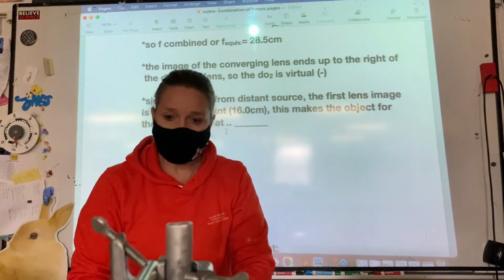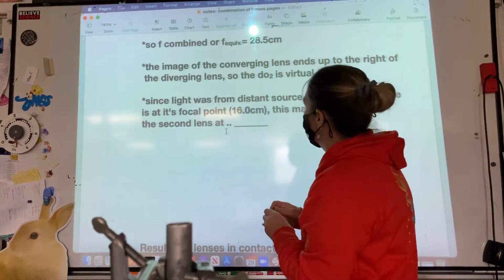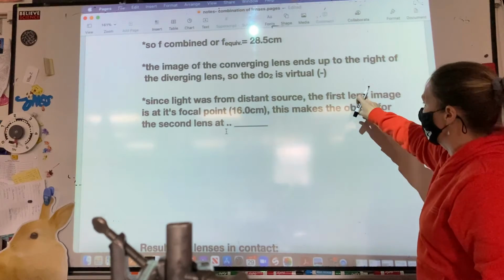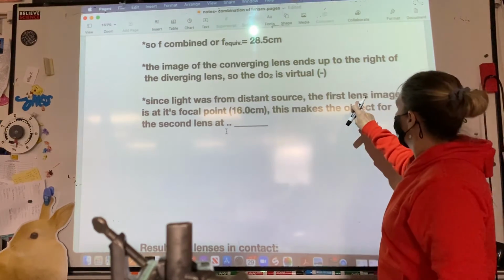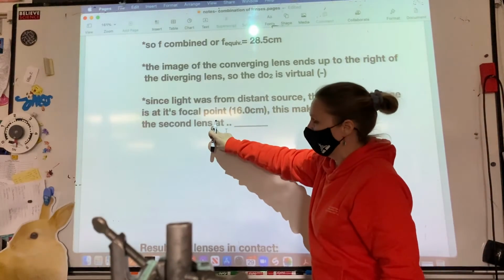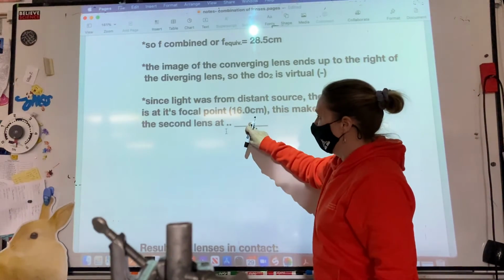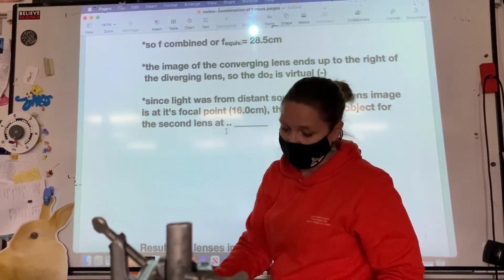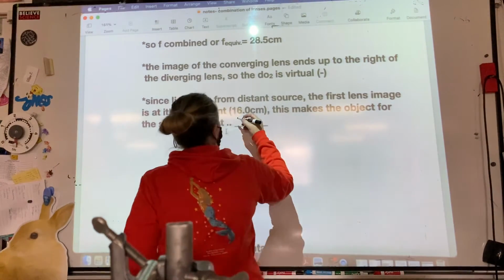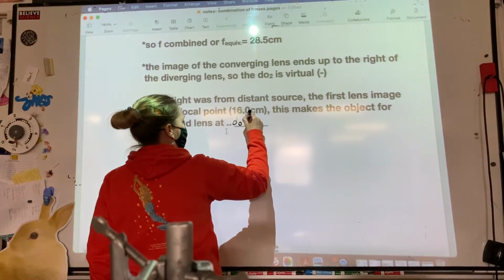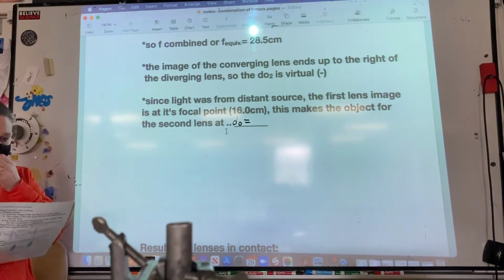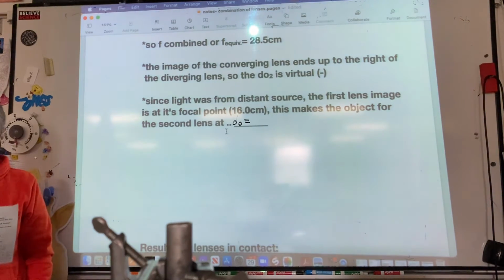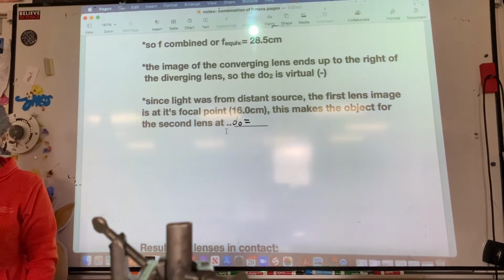Since light was from a distant source, the first lens image, its focal point, becomes the object for the second lens. So what is my distance of object for the second lens? Careful. If you read that problem, did you see that that converging lens had a focal length of 16 centimeters?